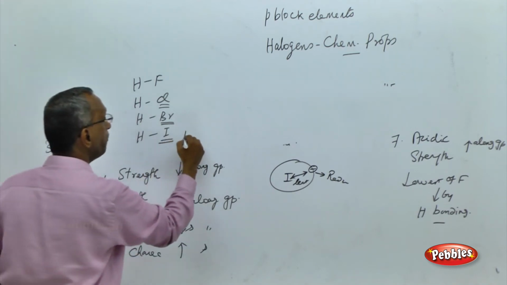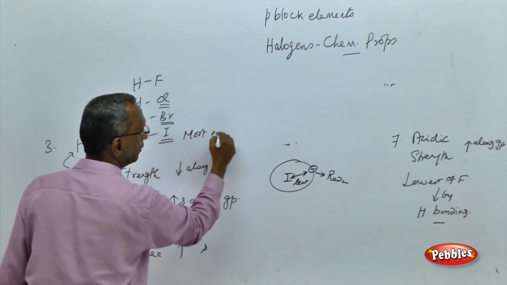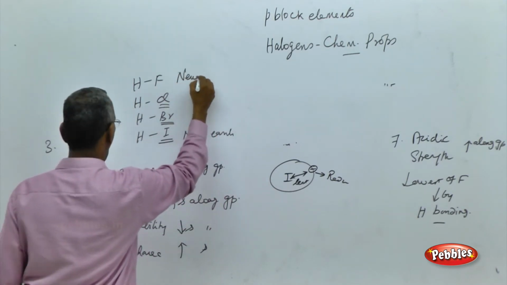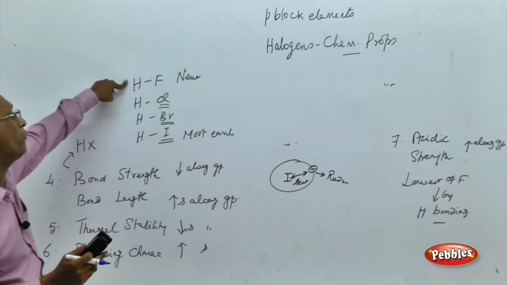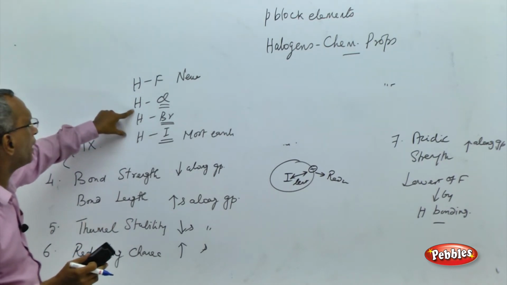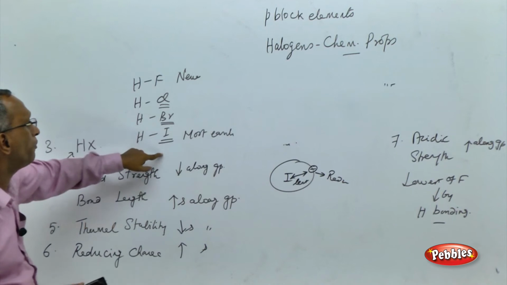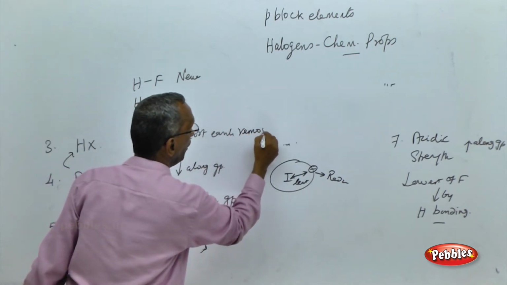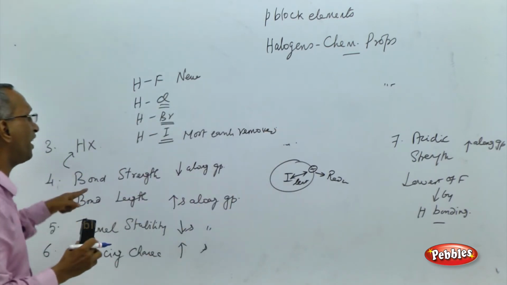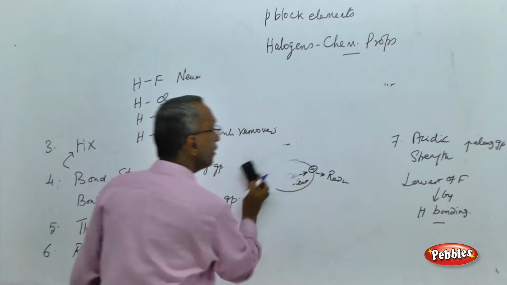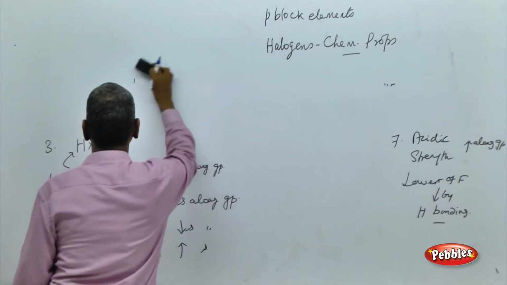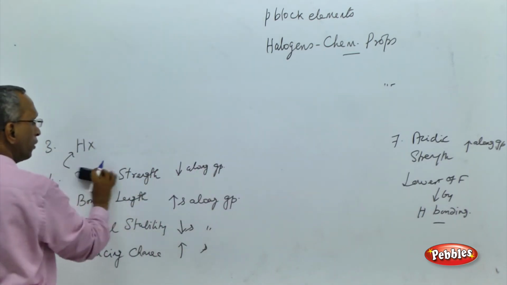So iodine can be most easily removed, but fluorine can never be removed. So bond strength is maximum for HF, medium for HCl and HBr, minimum for HI, which is most easily removed. So bond strength of HX decreases along the group.